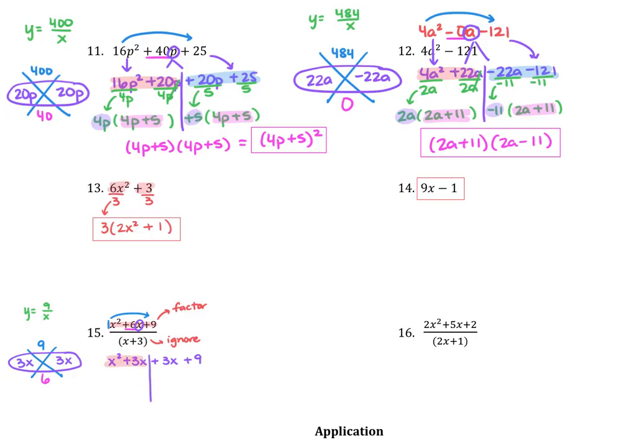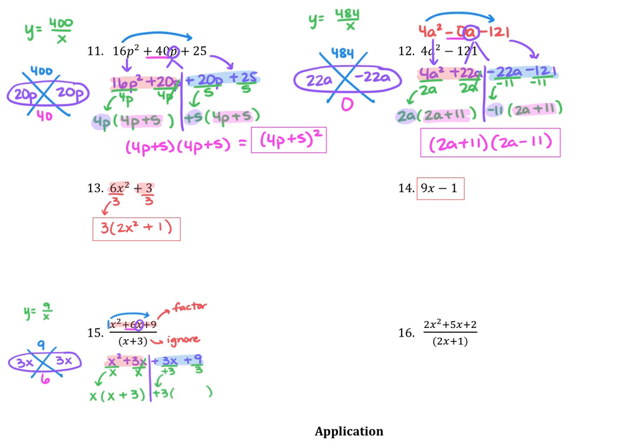Looking at the first binomial, I see that they have an x in common. That's my GCF. Pull that out in front of parentheses. Pull an x out of x squared, I'm left with x. Pull an x out of 3x, and I'm left with just 3. Look at the back binomial. Notice that these have a 3 in common, and since that first term is positive, that's what I'm going to pull as my GCF.